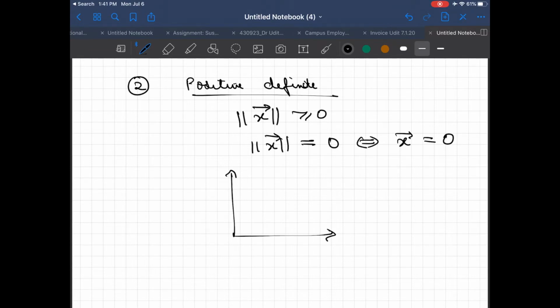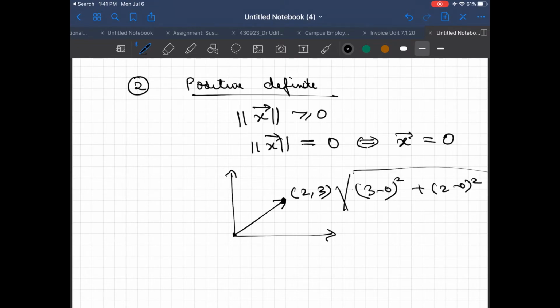An example here could be that the length of a vector qualifies to be a norm. If this vector has its end point at 2 comma 3, and we measure the distance as the square root of (2 minus 0) squared plus (3 minus 0) squared, we would always see, as long as we are in real space, that this number is greater than or equal to 0, and it would be equal to 0 if and only if this tip coincides with the origin, or 0 comma 0. In that case, the length would be equal to 0.